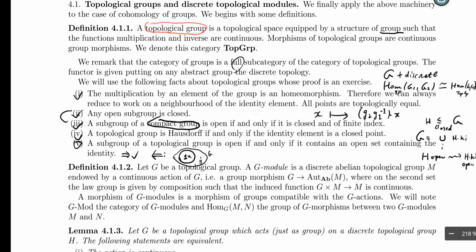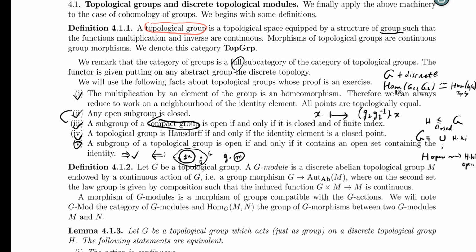Then it is a group and it's an open group. If not, then you can find an element g that is in this subgroup but not in this open set containing identity. Then you multiply this element with all the elements of this open set, and this is again an open set, because multiplication by an element is a continuous map.